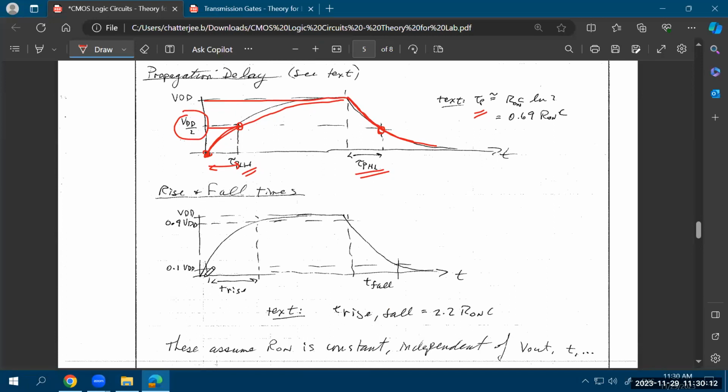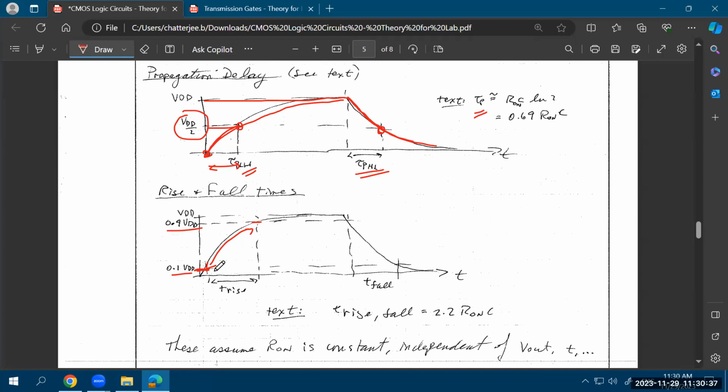What is meant by rise time? How much time does your output take to rise from 0.1 VDD to 0.9 VDD? Why do you not consider the rest of the 10%? Because there could always be some amount of noise, and you don't want to consider the noise in your overall system.